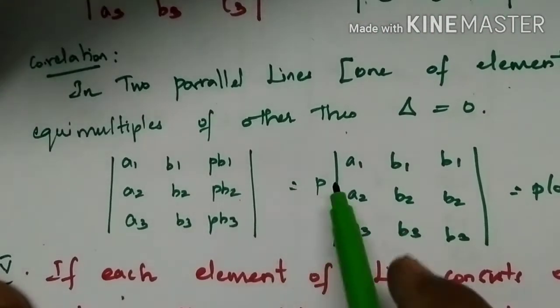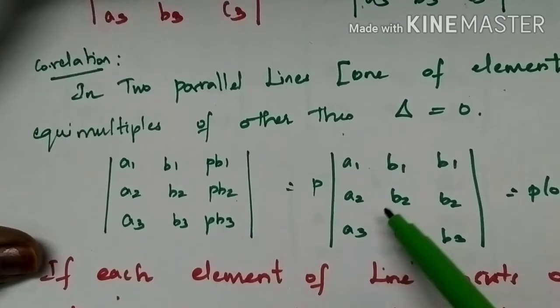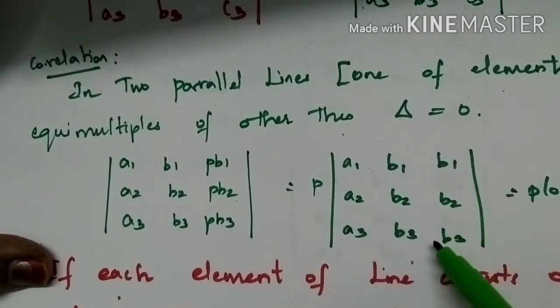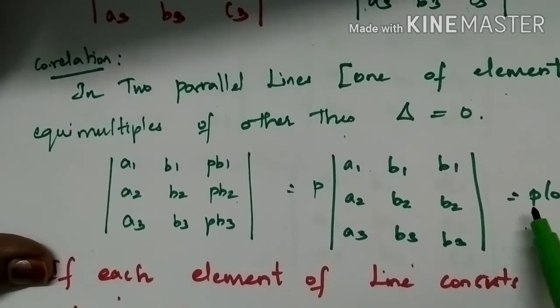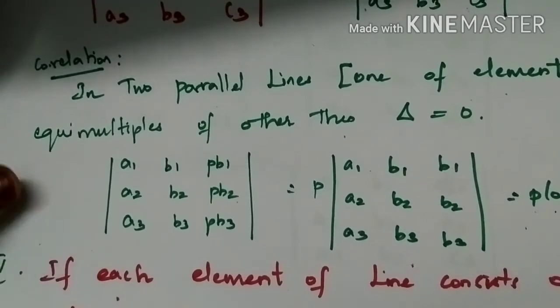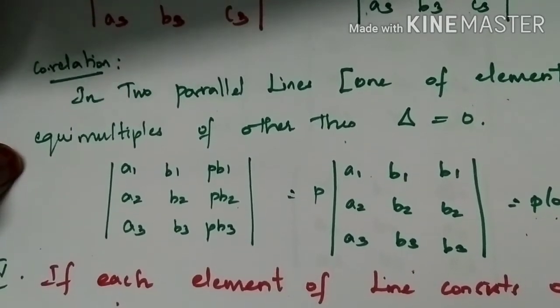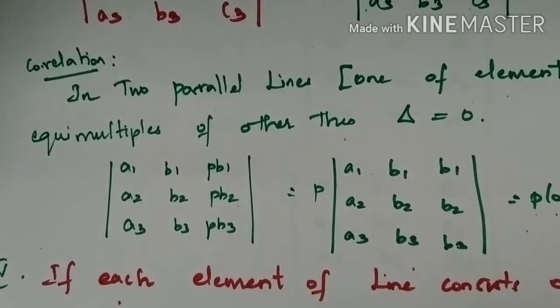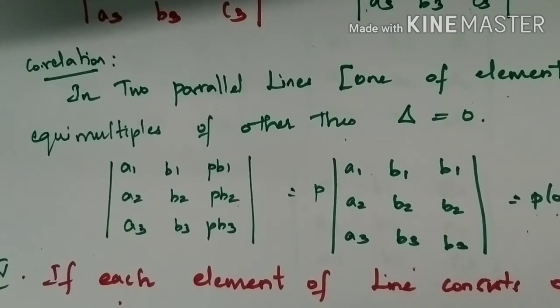By taking the common number out, we get A1, A2, A3 with two lines identical. If two lines are identical, your determinant value would be 0. So P times 0 will be equal to 0. If a determinant has identical rows or identical columns, its value would be 0.